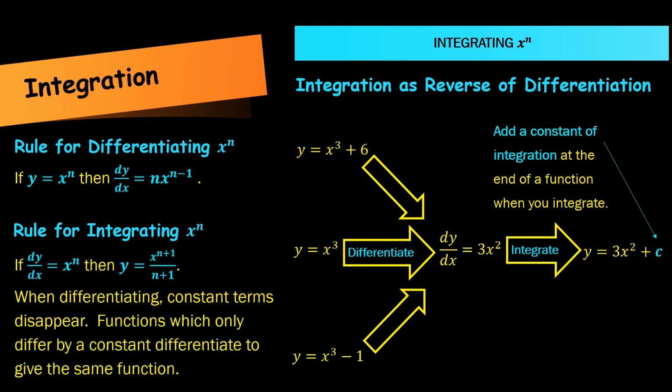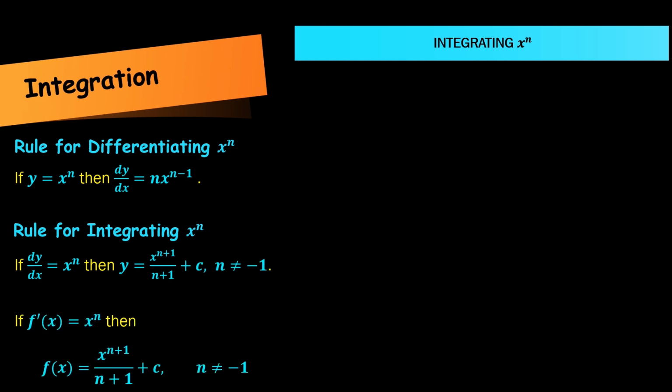And notice here we've added a constant of integration. So, if f'(x) equals x to the power n, then f(x) equals x to the power n plus 1 divided by n plus 1 plus c, where of course n does not equal minus 1.